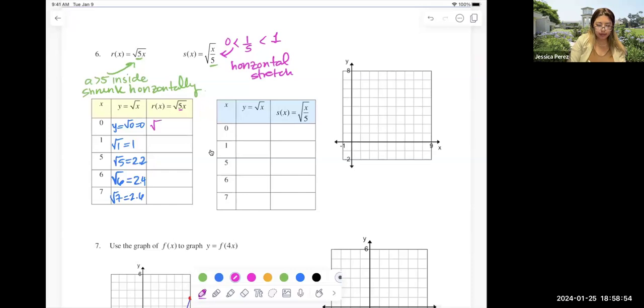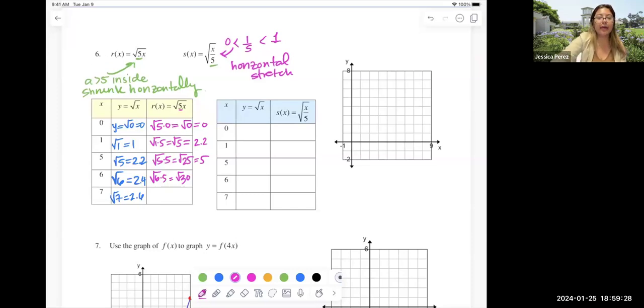So it's going to be the square root of 5 times 0. That's the square root of 0, which is 0. The square root of 1 times 5, which is the square root of 5, which we know is 2.2. Now here we have 5 times 5, which is the square root of 25, which is equal to 5. Here we have the square root of 6 times 5, which is the square root of 30.